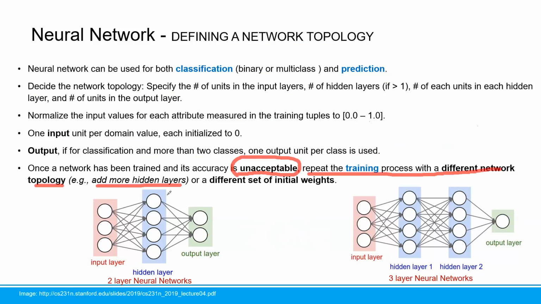If I have only one and the training accuracy is low, I can have 2 hidden layers. If the training accuracy is still low, I can increase to 3 hidden layers and so on. Or maybe we can have a different set of initial weights. That might help increase the accuracy.